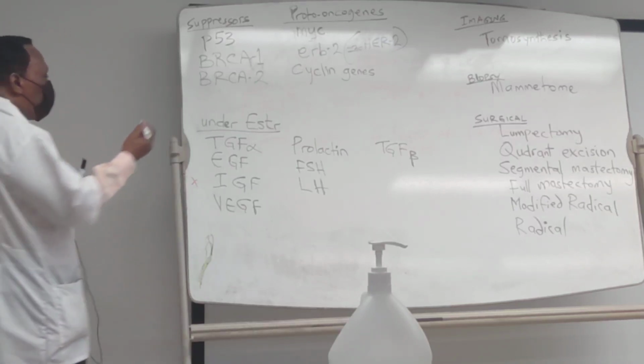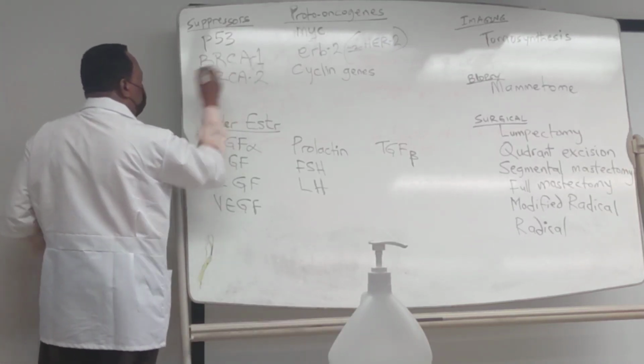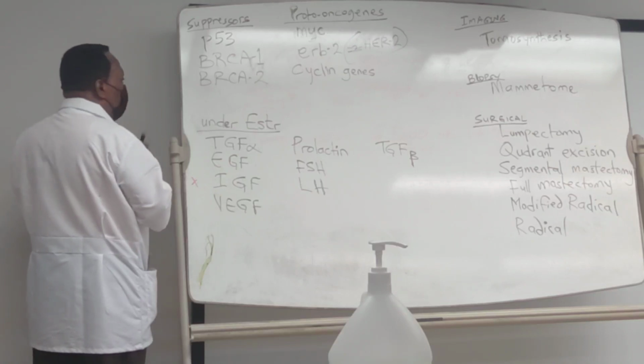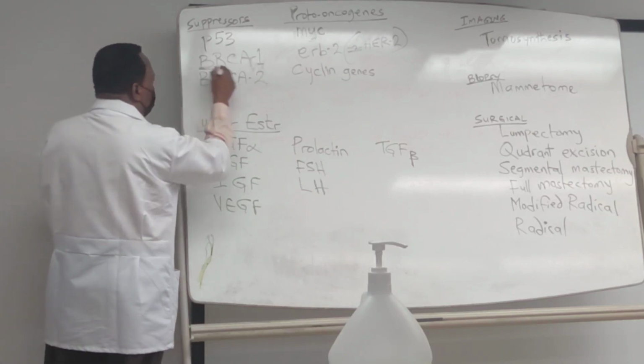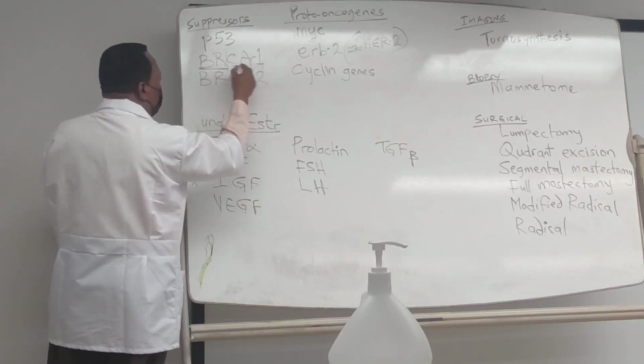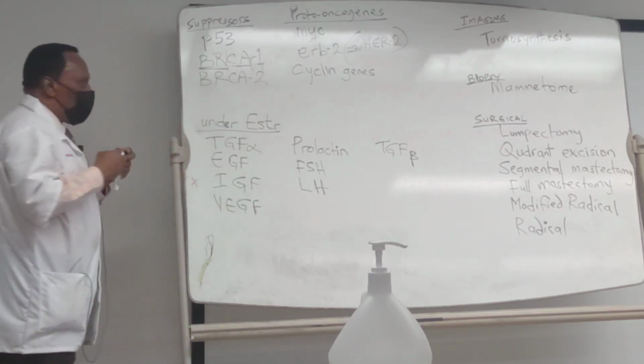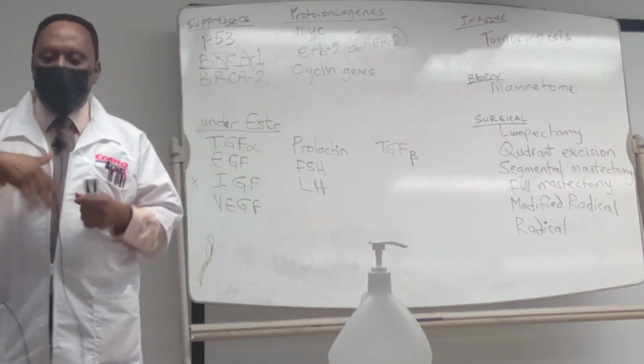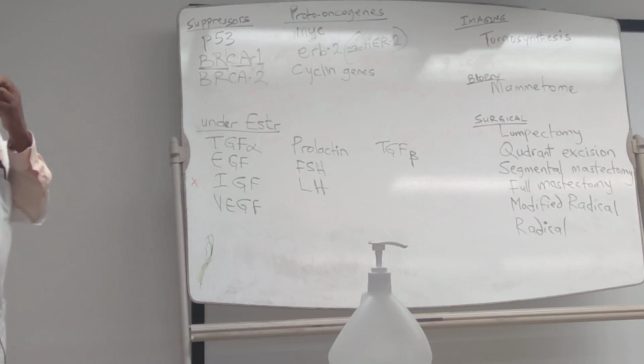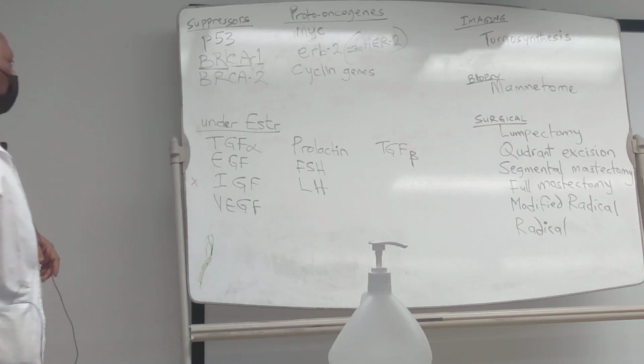And of course, BRCA there simply refers to breast cancer. Okay, so breast and then cancer. Even though it's called BRCA, those two genes are also involved in prostate cancer, so it's not just breast cancer.